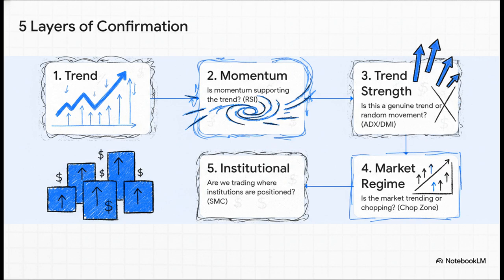Is there any real force behind that trend? Because a trend without force is probably going to fizzle out. Third, is the trend actually strong or is it just market noise? Fourth, what's the overall market doing? Is it a clear trend or are we just stuck in a choppy, sideways mess? And finally, the big one. Where are the large institutions placing their bets? It's only when all 5 layers agree that a high probability signal even has a chance.